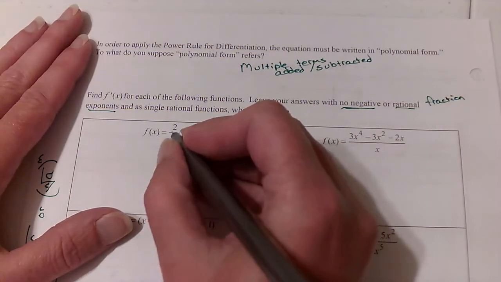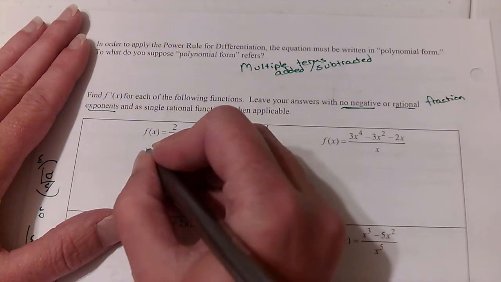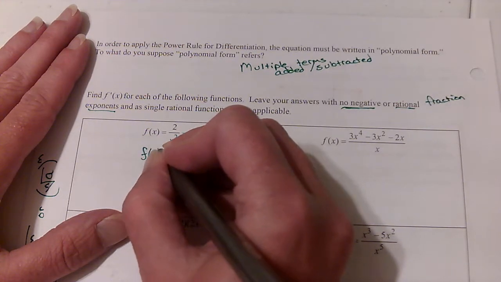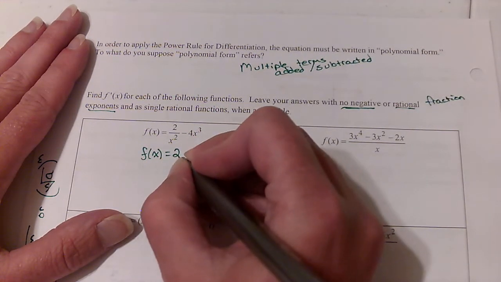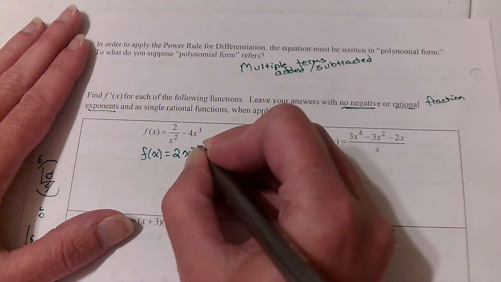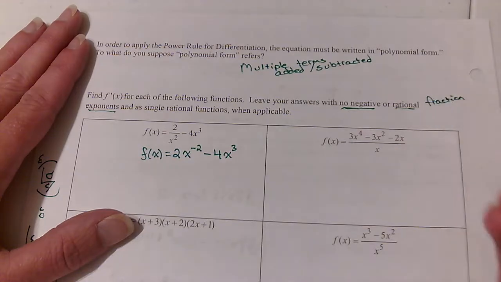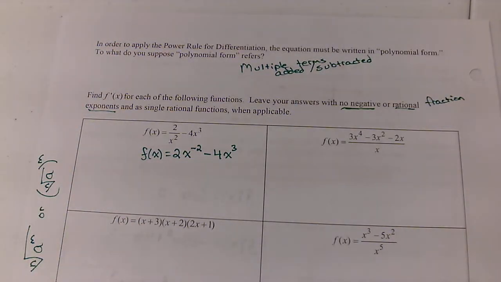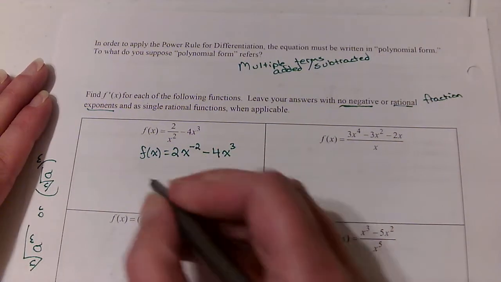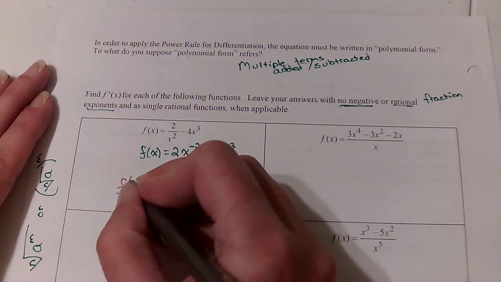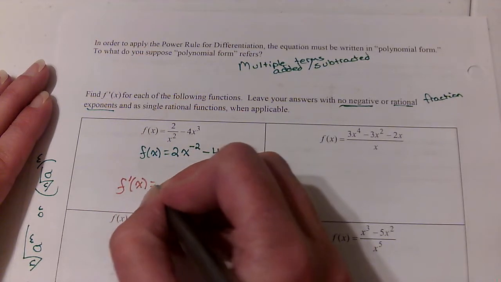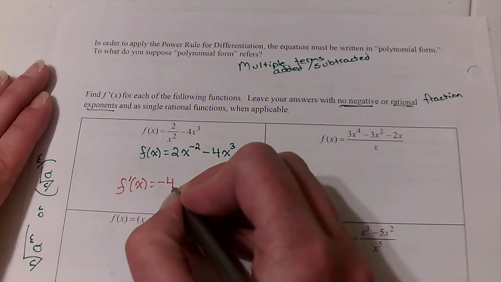So in the first one, if I rewrite 2 over x squared as 2 times x to the negative 2, then we can use this new shortcut. Exponent comes down in front. So that's going to be negative 4.